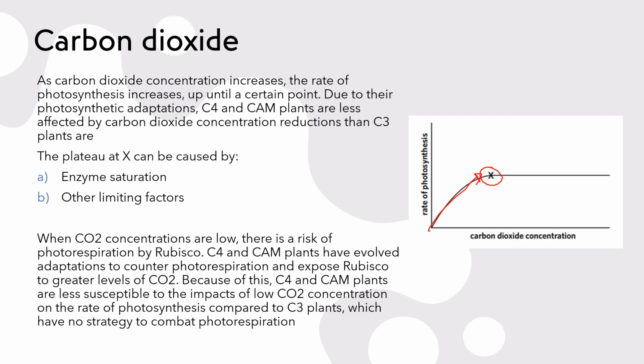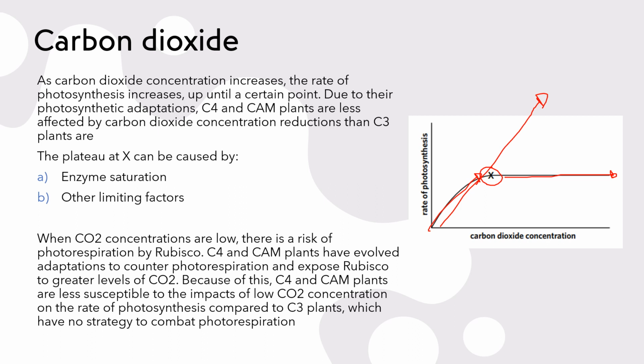So all of these factors, as a general rule, will always go up, and they'll always increase the rate of photosynthesis, but these limiting factors really do always cause this plateau. If there's no limiting factors, then sure, it could just keep going up and up and up. But in real life, we know that there's normally limiting factors there. So when CO2 concentrations are low, there's also a risk of photorespiration occurring.